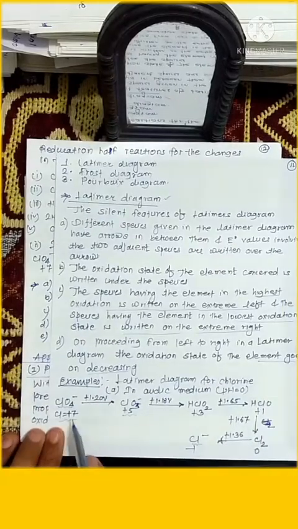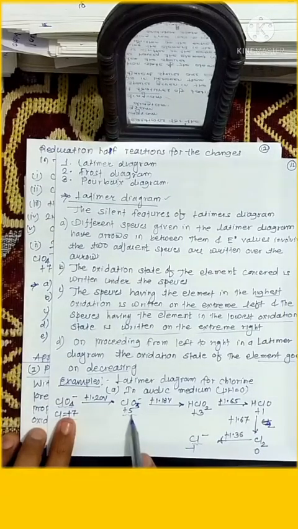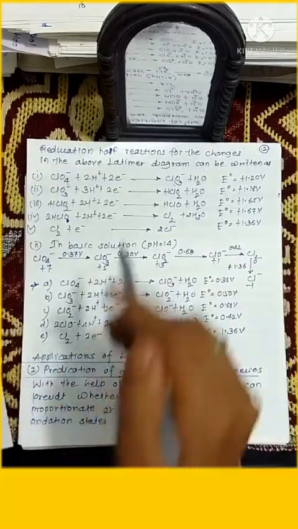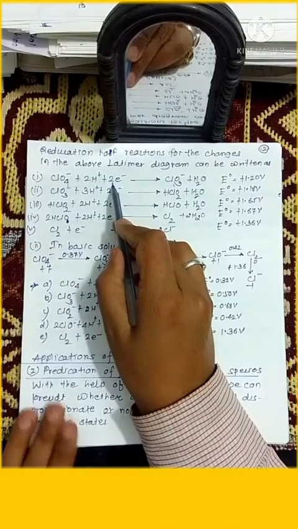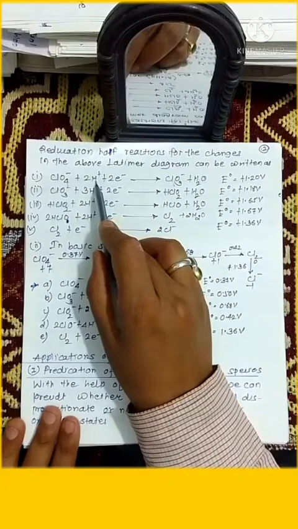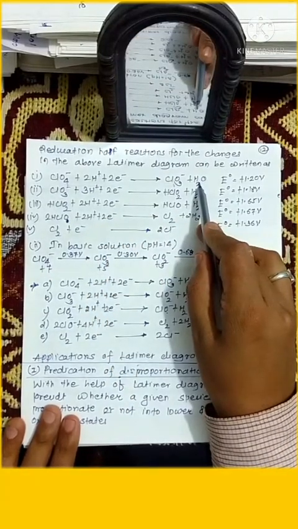So it simply means a gain of 2 electrons is taking place. So gain of 2 electrons is written here. To balance the reaction we take the help of H plus ion and water molecule.